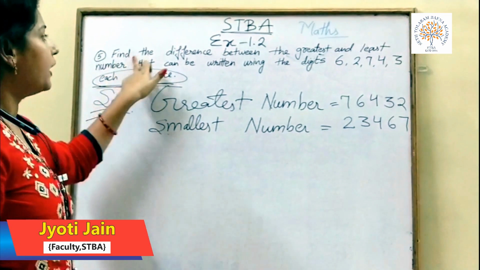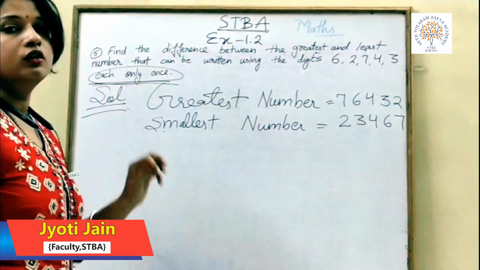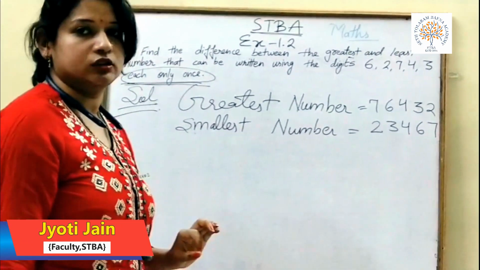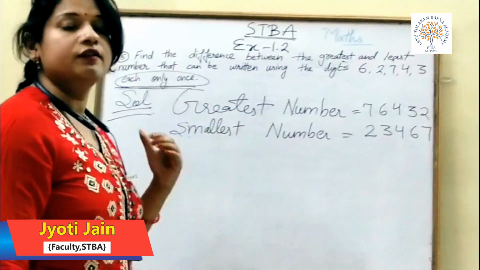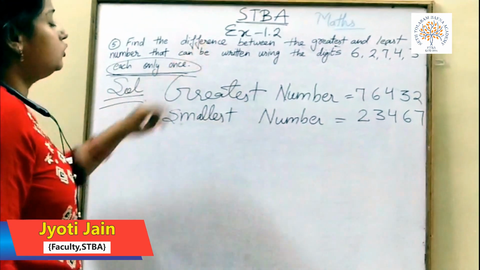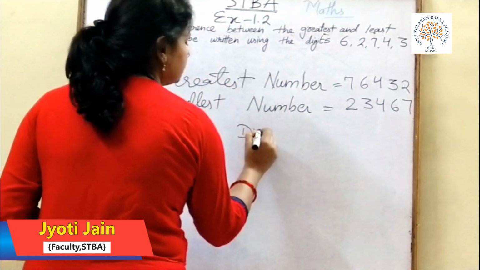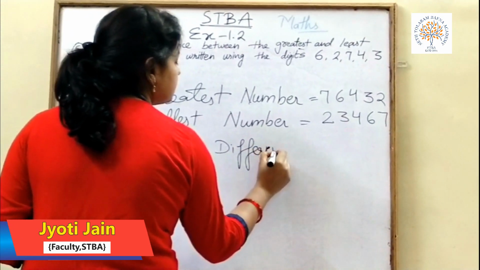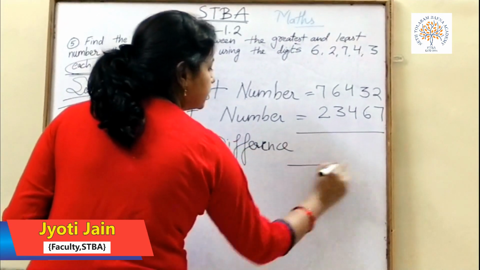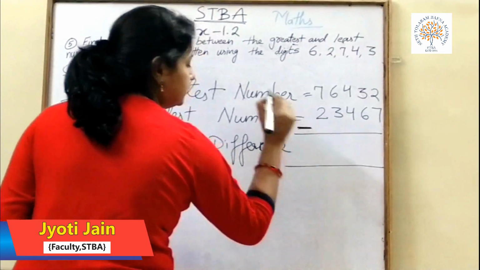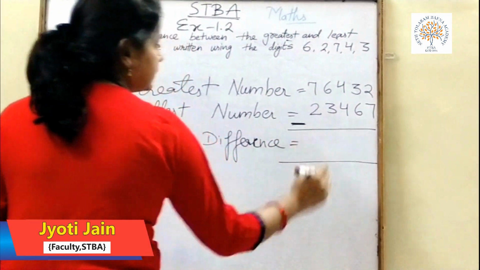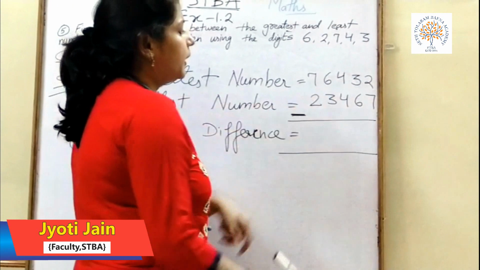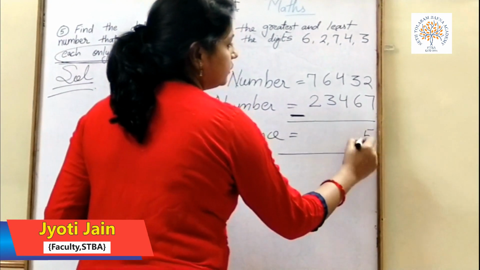Now the question is, find the difference. So difference means subtraction. जब भी difference की बात आती है, we will do subtraction. Okay, so to find out their difference, we will do subtraction. Mark the subtraction sign here clearly. So difference can be 12 minus 7 is 5.